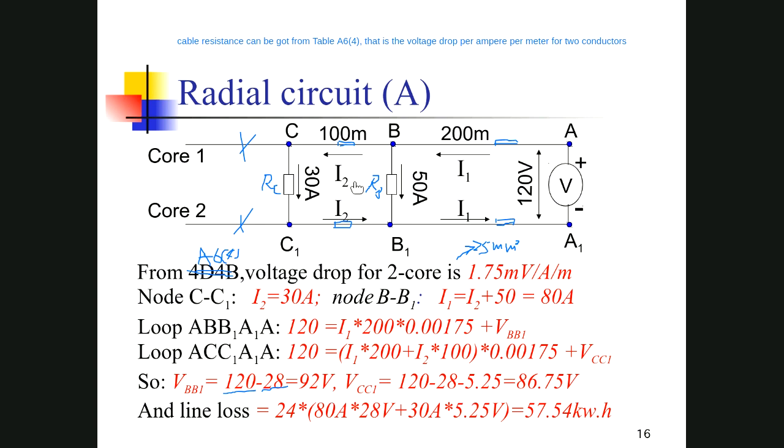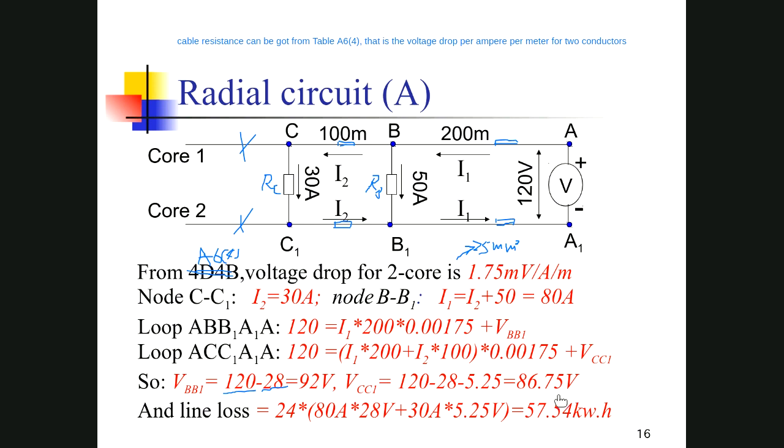The voltage drop across the second 100 meters long, which is this part, is 5.25 volts, very small. At the end, the voltage across load C is 86.75 volts, much lower than the 120 volts expected. So this is one case of it.